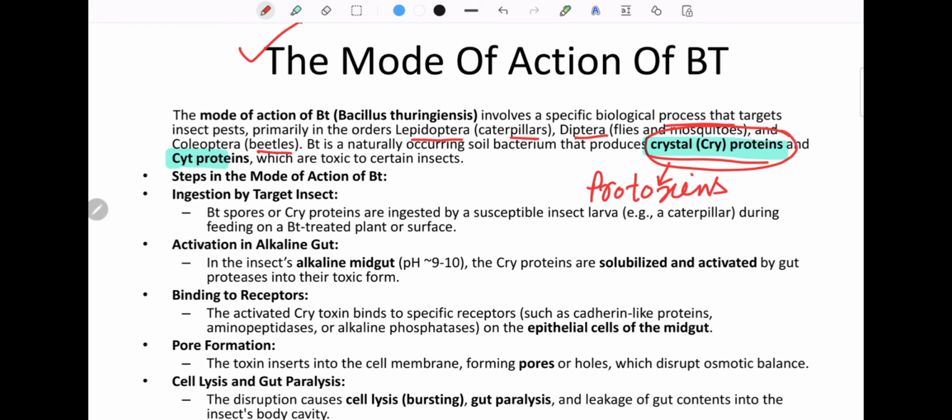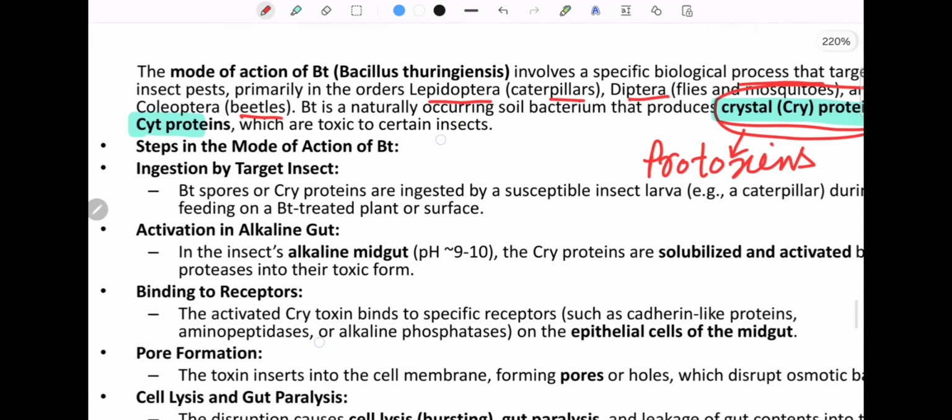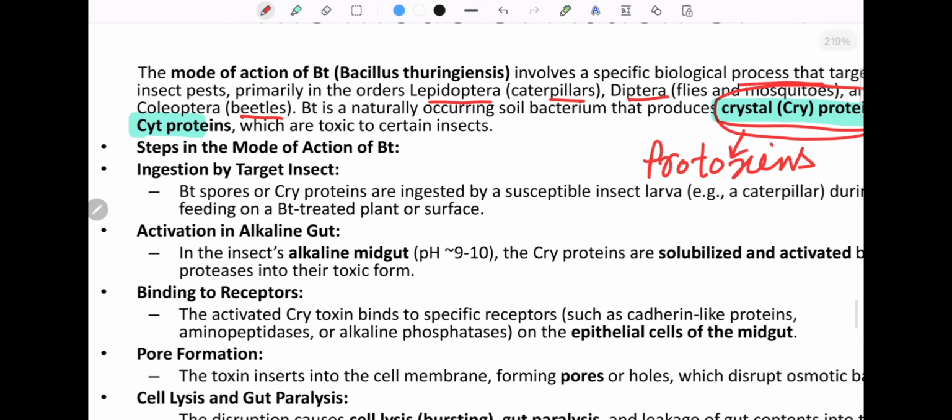That is the first step, the ingestion by target insects. When the target insects, maybe beetles, caterpillars, or flies, ingest any part of the Bt cotton, then those Cry proteins get activated within their gut.